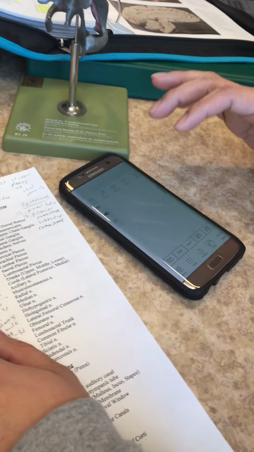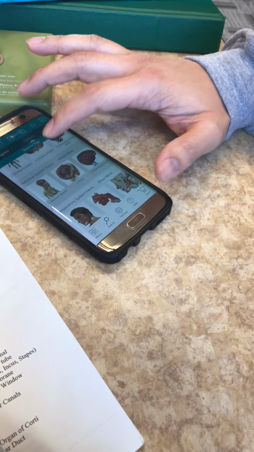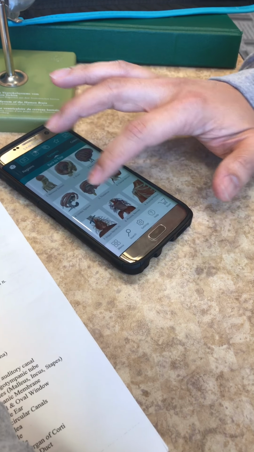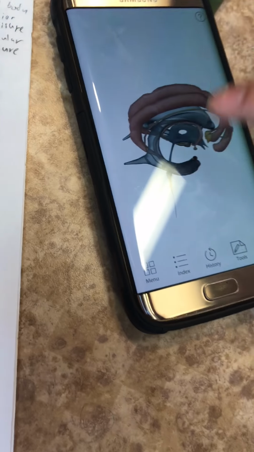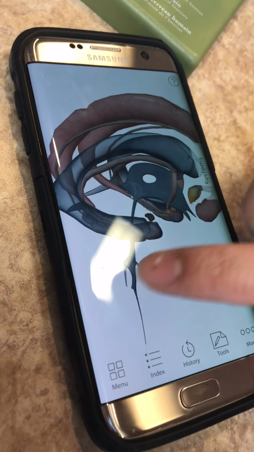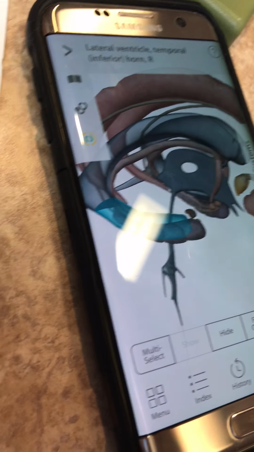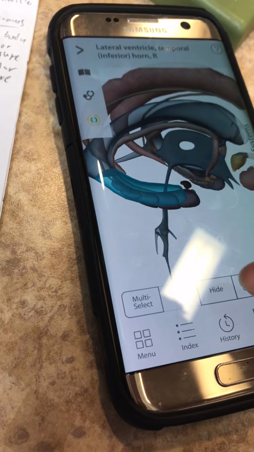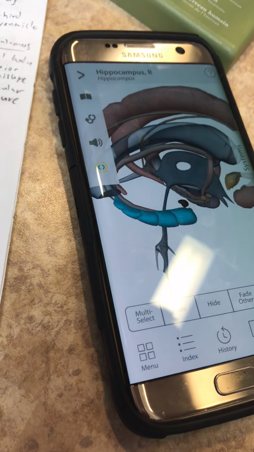And then you have your limbic system, okay, which she said is not visible on these models. So I have it right here. So as you see, the blue part is your ventricle. And if I zoom in behind the lateral ventricle, or the inferior horn of the lateral ventricle, you can see your hippocampus.